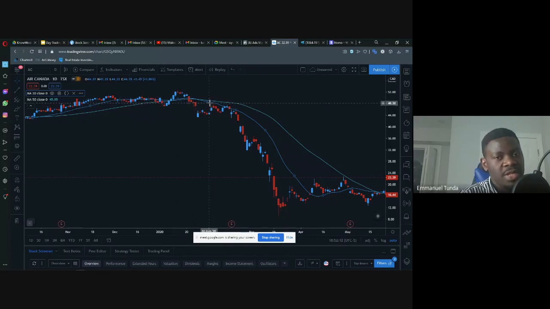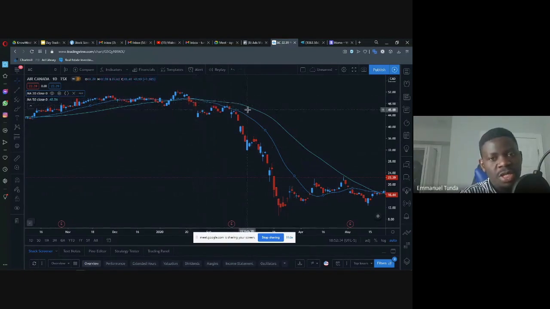The same thing happens if you are in a downtrend and the 20 moving average goes above the 50, that means we are reversing into an uptrend. If you were in an uptrend and they're reversing the other way, then we are going the other way. So that's pretty much what happened in January.